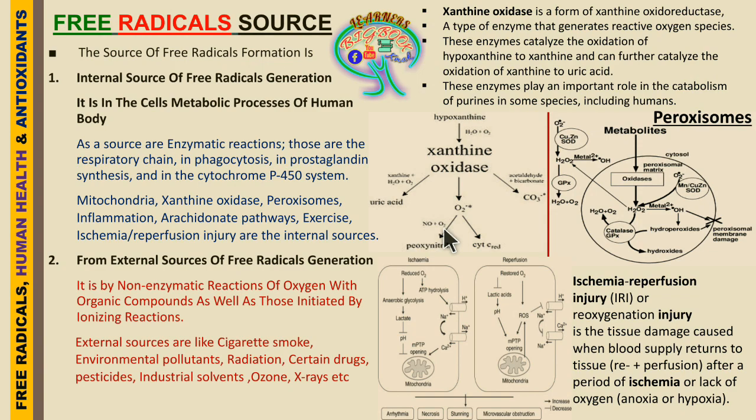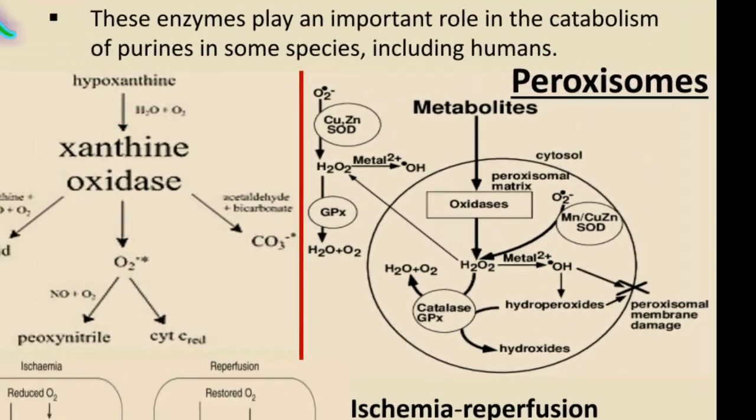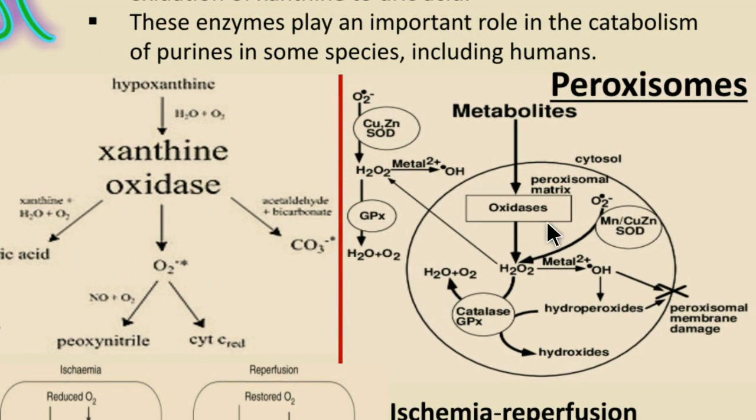Now when you are going to consider the same in the peroxisomes, here in the peroxisomes you can see this metabolic activity happening, where there will be the oxidases within the peroxisomes. These are the organelles present within the cells where they do a catabolic process and generate free radicals of hydrogen peroxide.